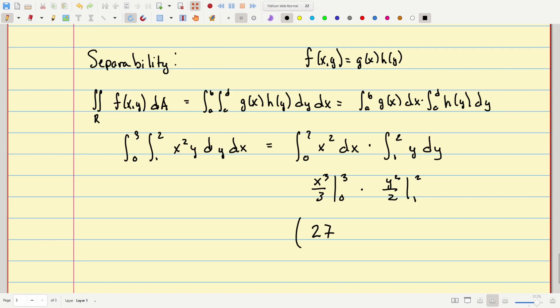This is 27, and this, sorry, I didn't mess this up, did I? No, okay, sorry, no, this is 9. That one's 9, and the other one's 3/2. Sorry, I was going too fast. Okay, it's 27 halves. So all 3 ways we get the same answer for this problem.